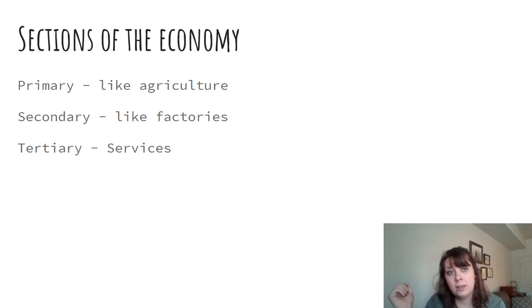Secondary is where you take those resources, those natural resources, those raw goods, right? Like the trees that were cut down with logging, and then secondary takes them and cuts them into boards and pressure treats them or dries them out so that they can be used to build houses, right?